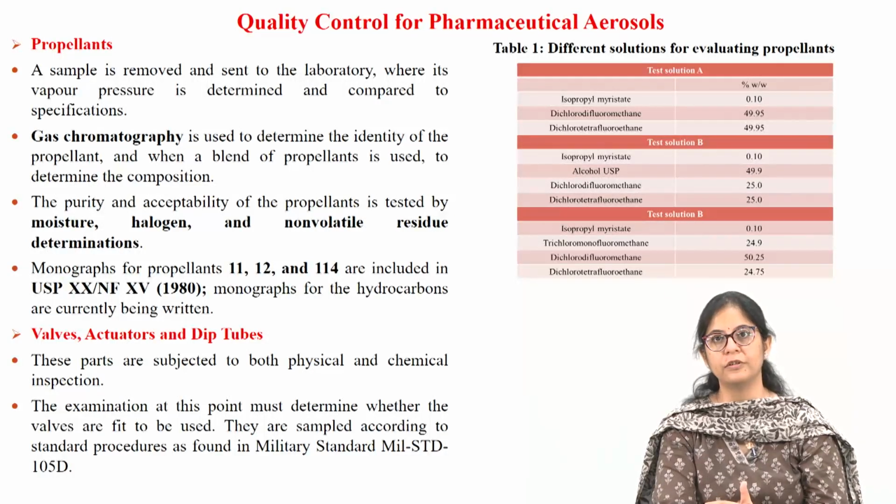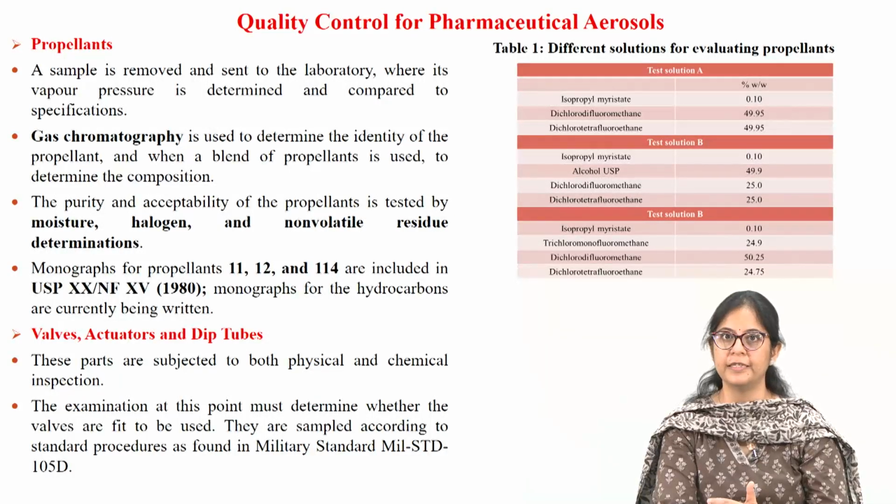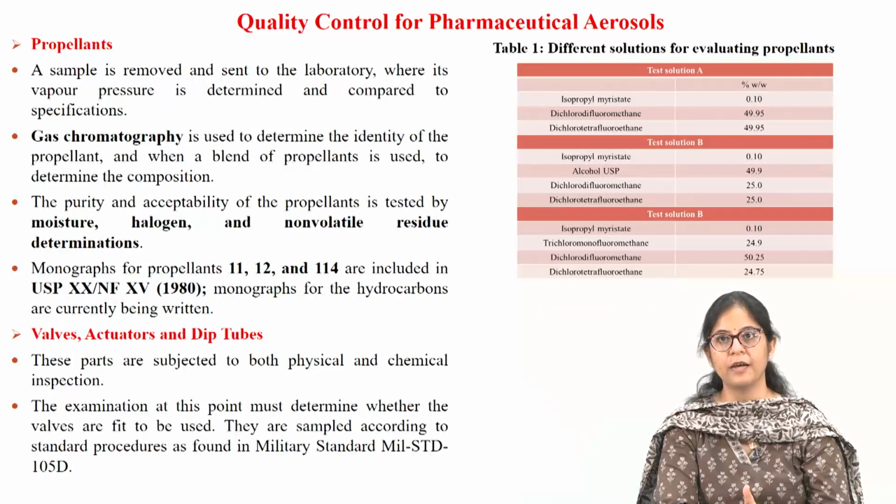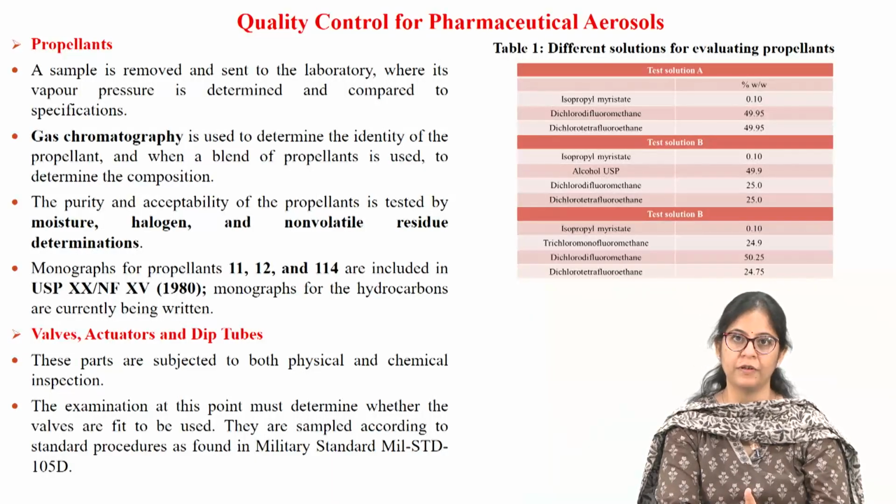Gas chromatography is used to determine the identity of the propellant, and when a blend of propellants is used, it is used to determine its composition. The purity and acceptability of the propellants is tested by moisture, halogen and non-volatile residue determinations. Monographs for various propellants are written and continuously being upgraded in the various pharmacopoeias.